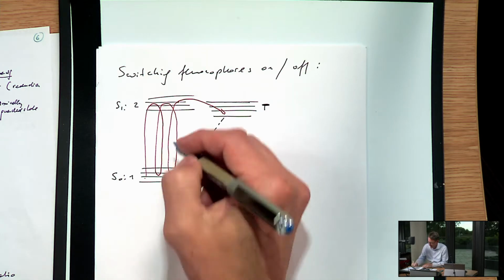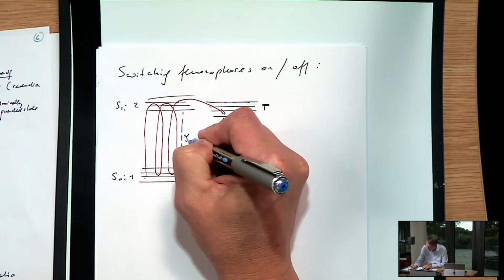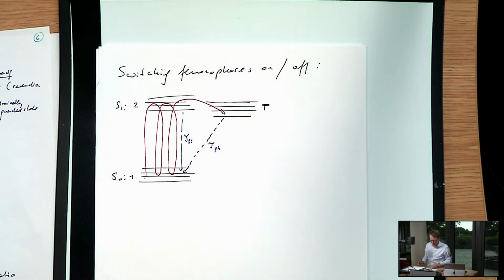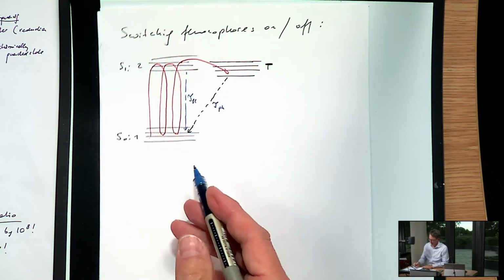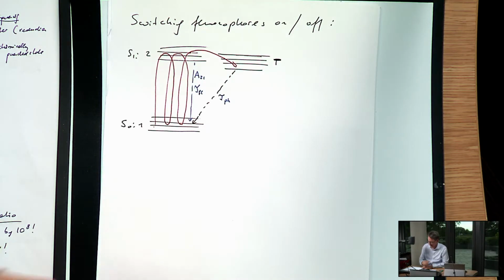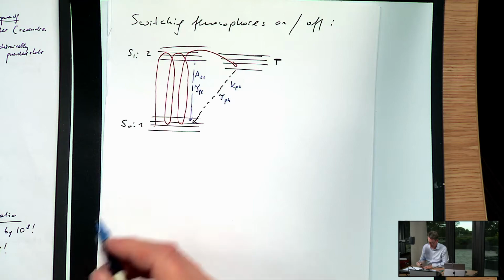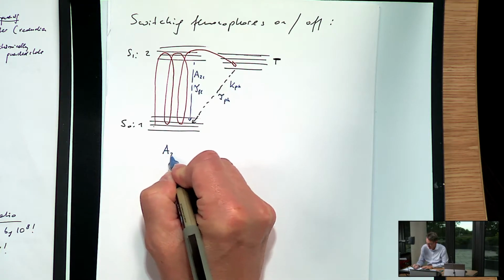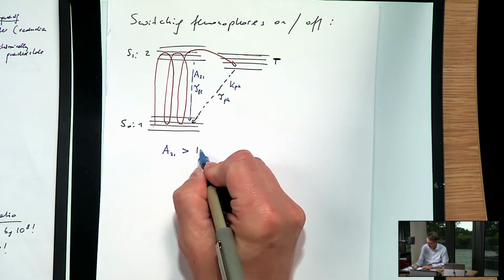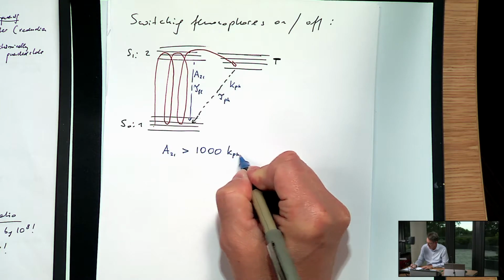So compared to the normal lifetime that we've discussed so far, the fluorescence lifetime, I'll put this in like that. This happens at the rate A21 as usual, and this happens at the rate k phosphorescence. So maybe A21 is 1,000 times faster than the rate of phosphorescence.